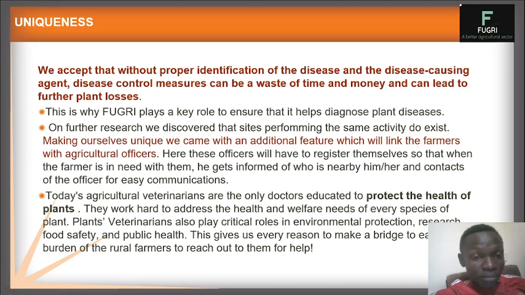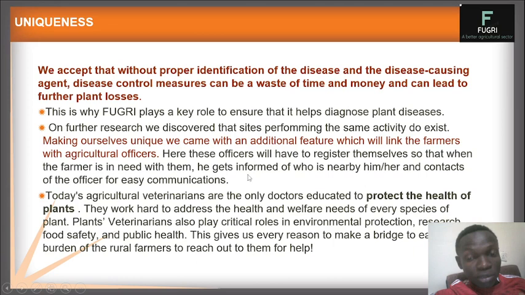From that, the farmer will get a chance to get the contacts and the biography of these officers, and he will get a chance to know which officer is near his place. This will make it easy for the farmer to know what time to contact the officer, depending on the biography and the timetable that the officer will import in our site.